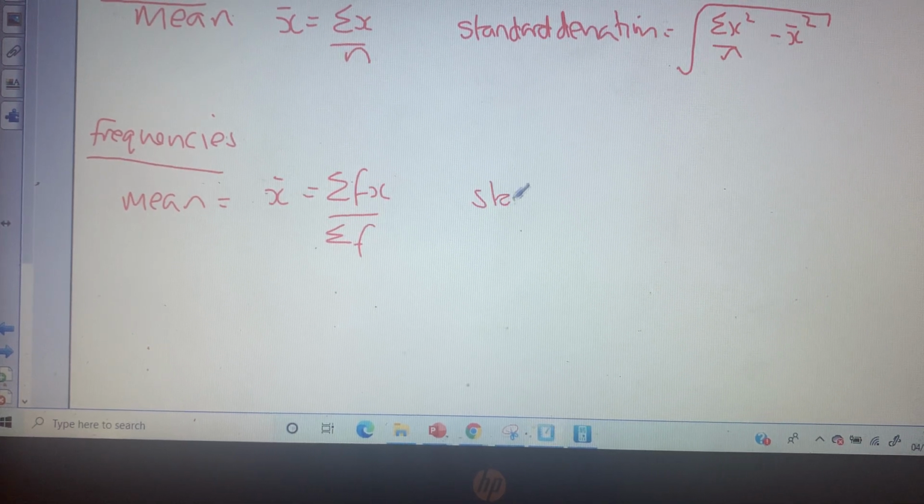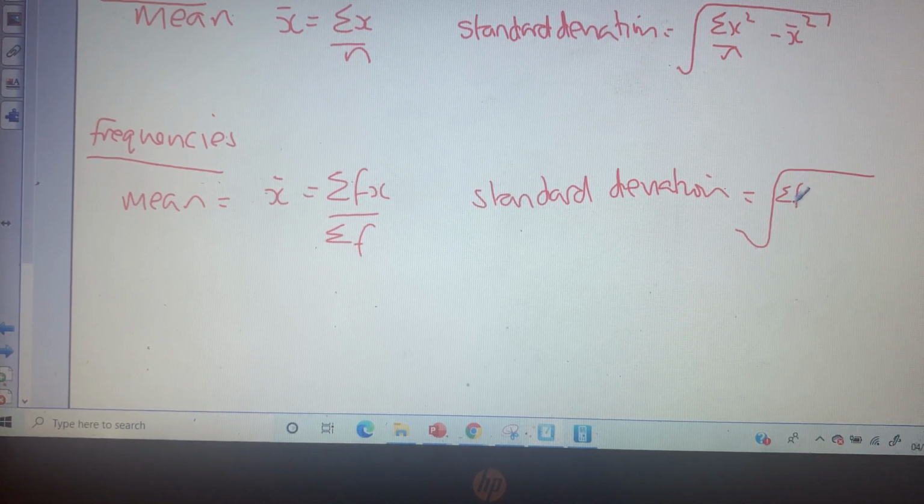And your standard deviation becomes that. But again, you're going to be told this in an exam. So again, feel free to pause it.